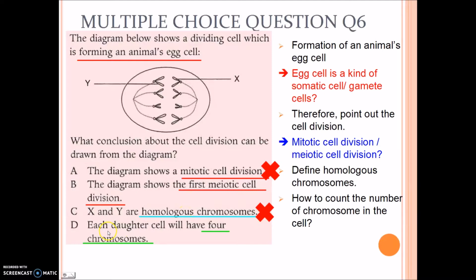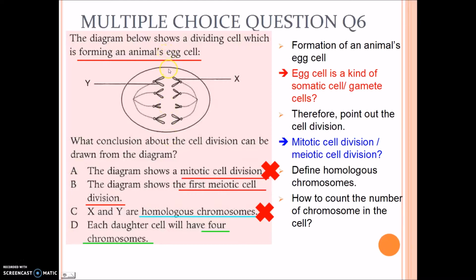And for option D, each daughter cell will have 4 chromosomes. The chromatids separate and become chromosomes. And then the cell will separate by cytoplasmic division.